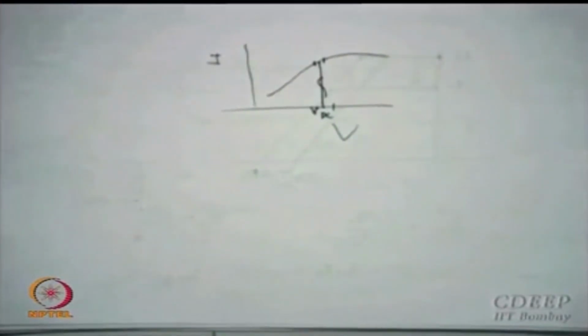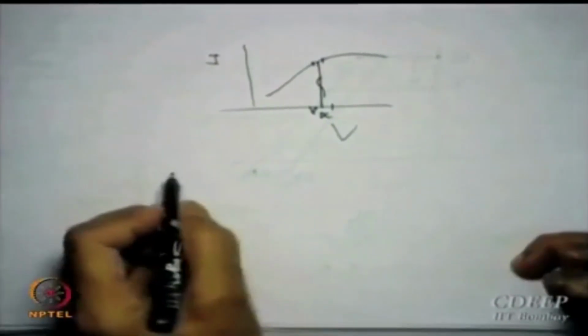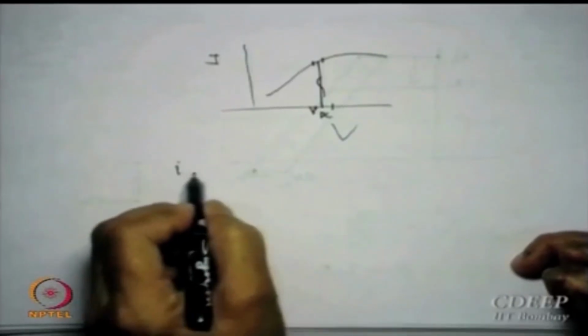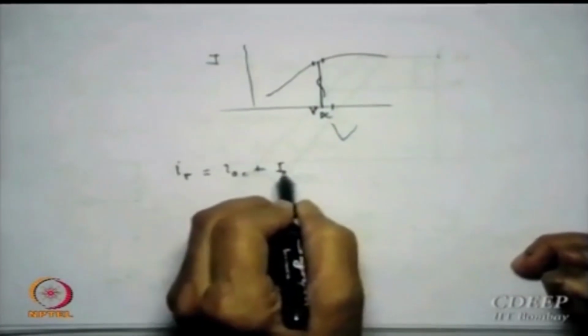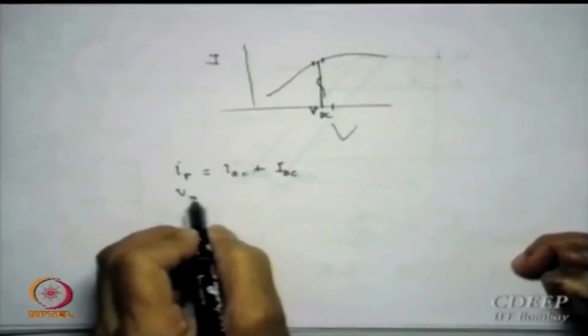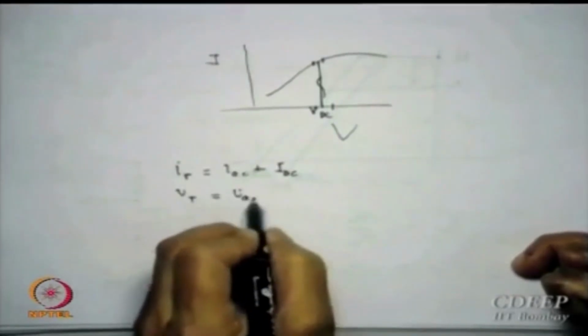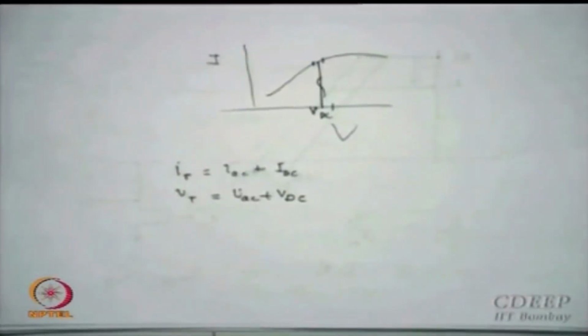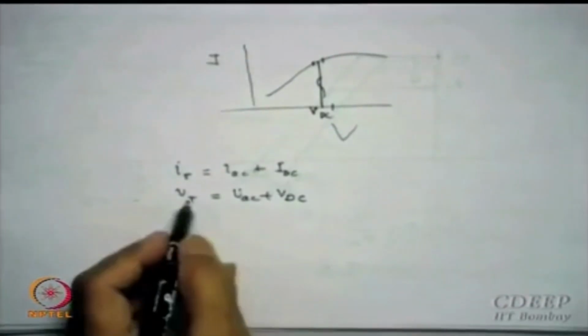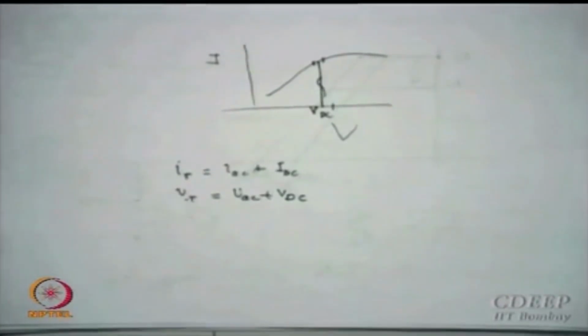So small signal analysis currents are similar, except that the DC value has been taken out of it, essentially saying I total is IAC plus IDC, V total is VAC plus VDC. So any time we substitute the DC value together and subtract, the difference is only AC. You subtract total minus this, so you will get the AC value. So the expressions are valid.